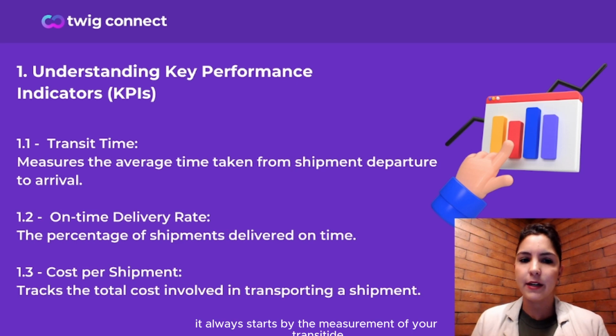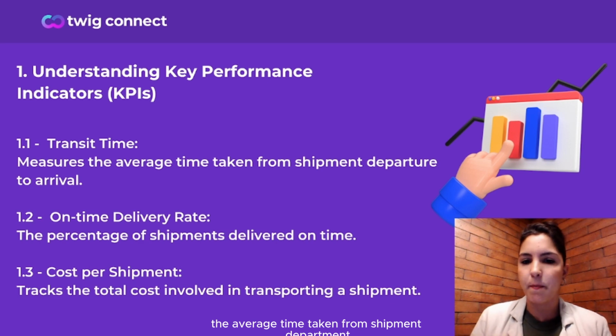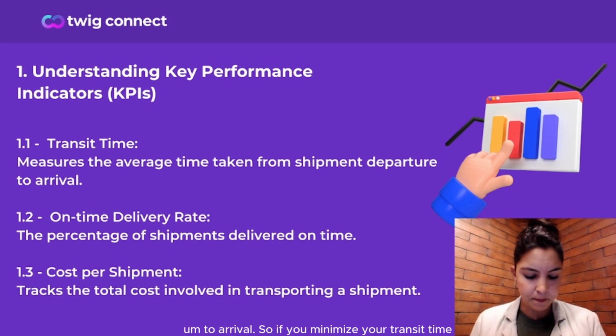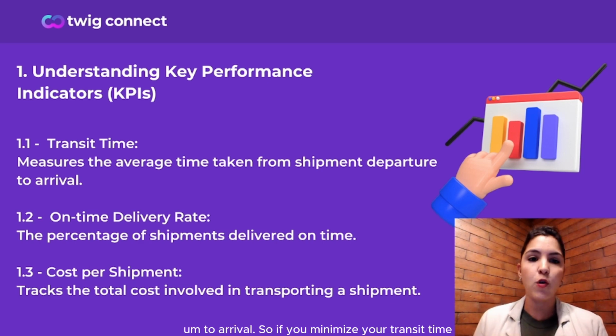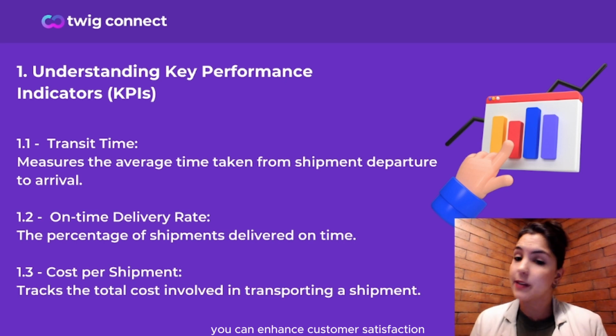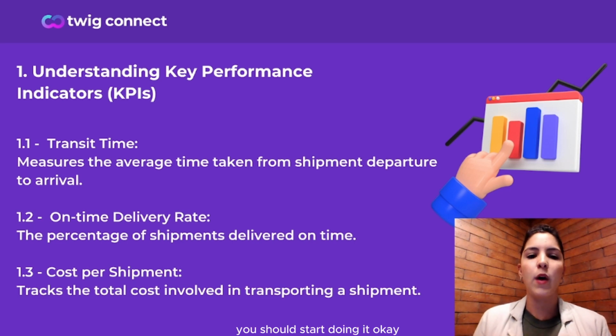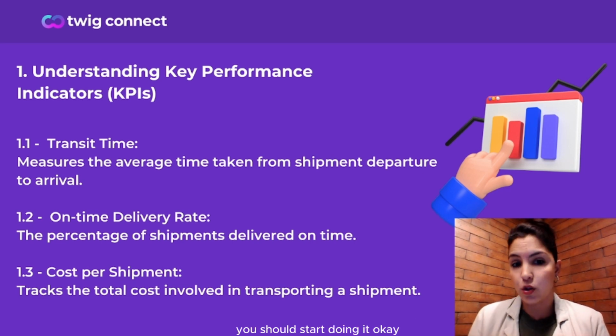It all starts with the measurement of your transit time, which is the average time taken from shipment departure to arrival. If you minimize your transit time, you can enhance customer satisfaction. If you haven't looked into it, you should start doing it.